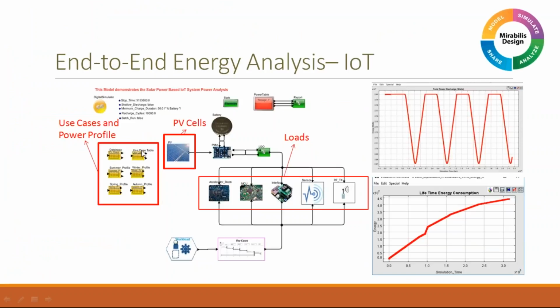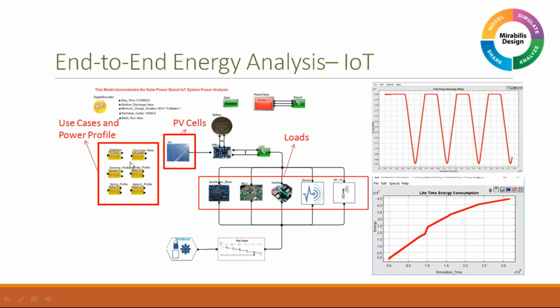Okay, so here we have an example of an IoT system, which has a photovoltaic cell harvester, and we have the PMUs and battery, and we have connected a lot of loads to this particular system. We have also defined a certain set of workloads and use cases that run on this hardware platform itself.